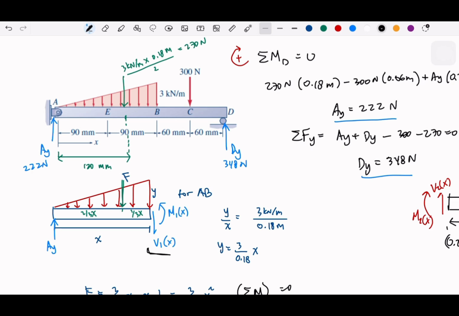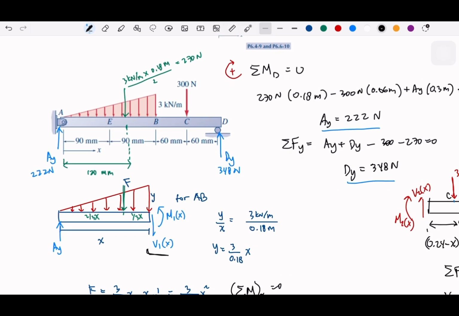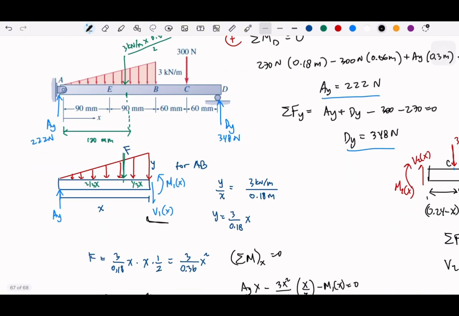So basically, what I'm suggesting for you is you can imagine you start on this A, you start moving to the right. So if you cut through the beams, your distance x will be from the A, which means that for this one, we start this one x.